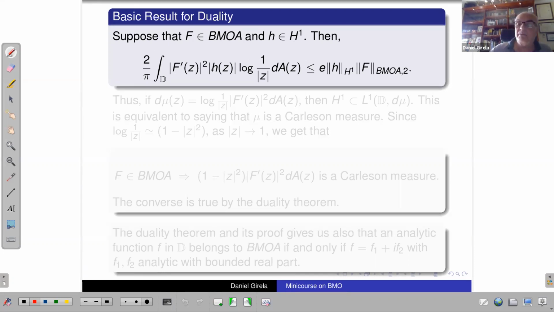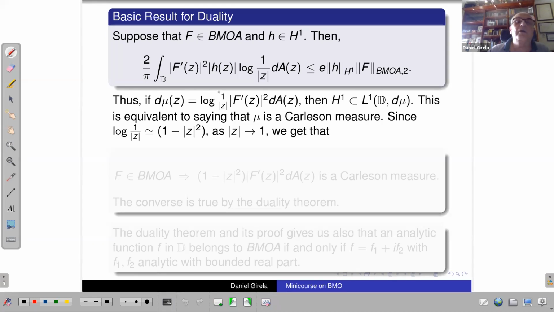Consider the measure dμ(z) equal to log of 1 over |z| times |f'(z)|² dA(z). If we take any function h in H1 and integrate h against this measure, we get something finite. So this means that H1 is contained in L1 of the disk with this measure.